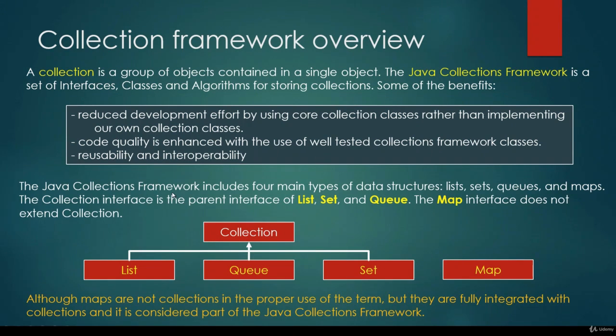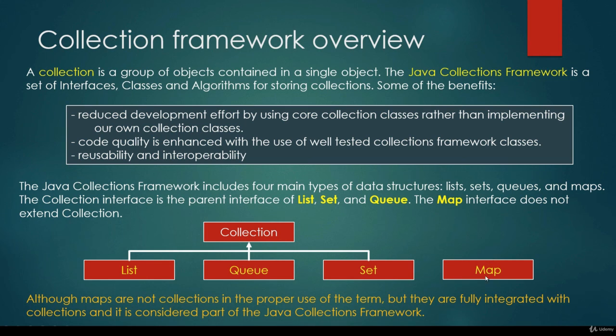So the Java collections framework includes four main types of data structures: lists, sets, queues, and maps. The collection interface is the parent interface of list, queue, and set. So as you can see, collection is the parent interface of these ones. What's crucial is that the map interface doesn't extend collection.